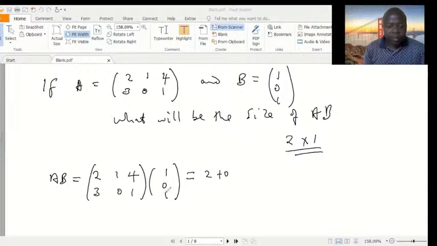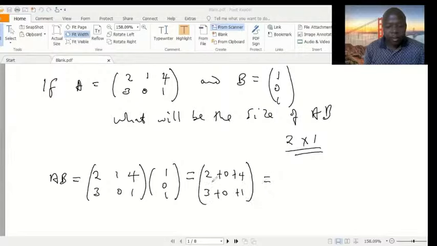And 4 times 1 is 4. We are done with the first row and the only column. So we come to the second row. 3 times 1 will be 3. 0 times 0 will be 0. And 1 times 1 will be 1.